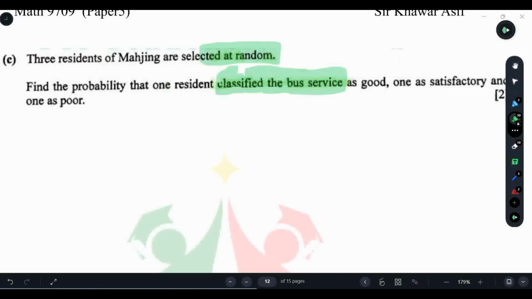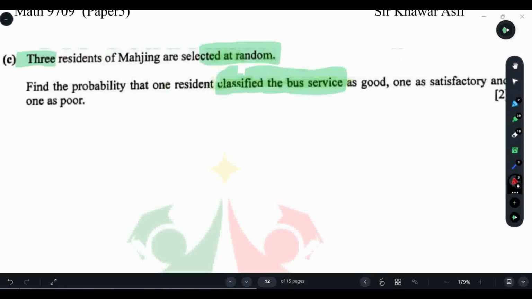Three residents of Malaysia are selected at random. Find the probability that one resident is good, one is satisfactory and one is poor. This is a 2-mark question.